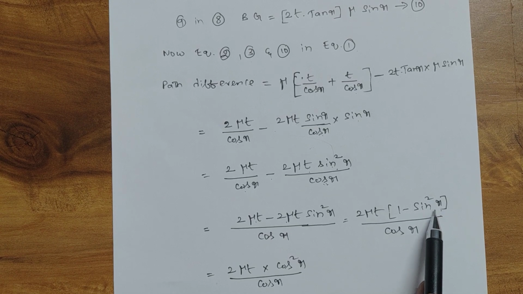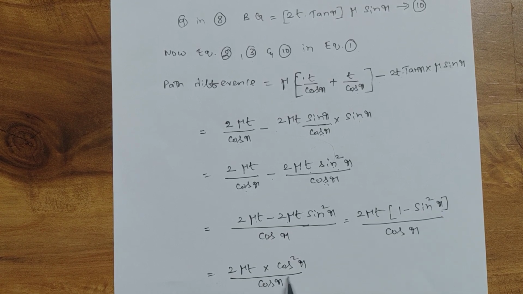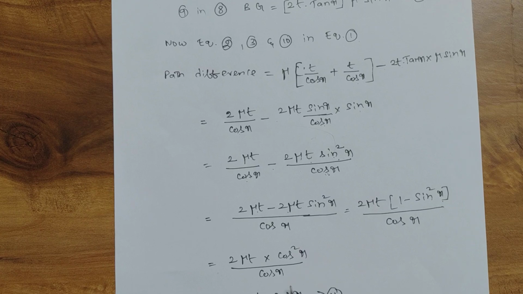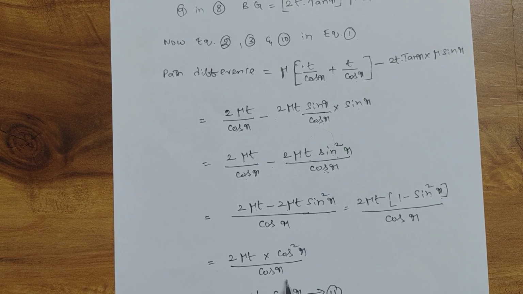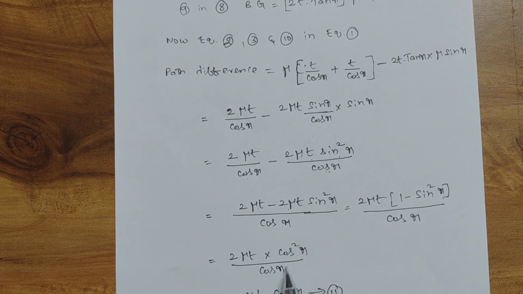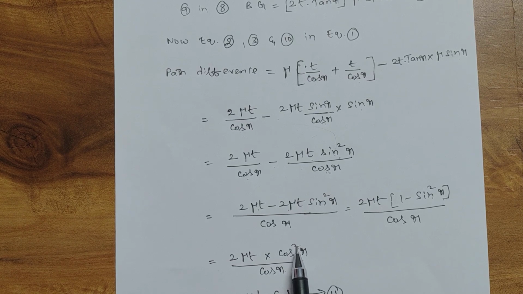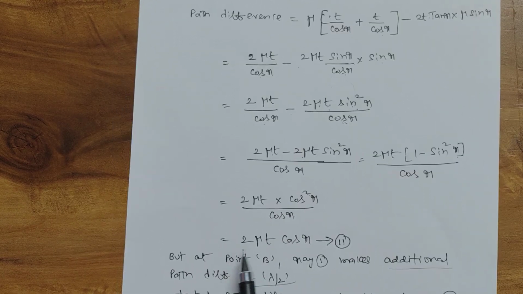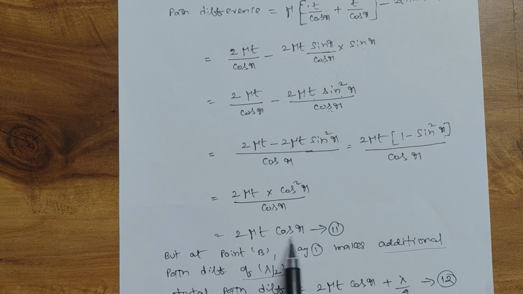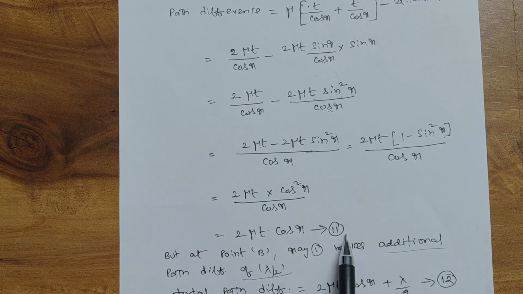This can be written as 2 mu t into cos square r divided by cos r. Now cos r and cos square r cancel with each other, and the balance equation is 2 mu t into cos r, equation number 11.